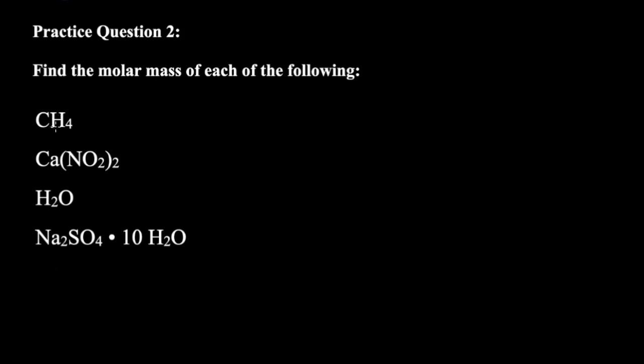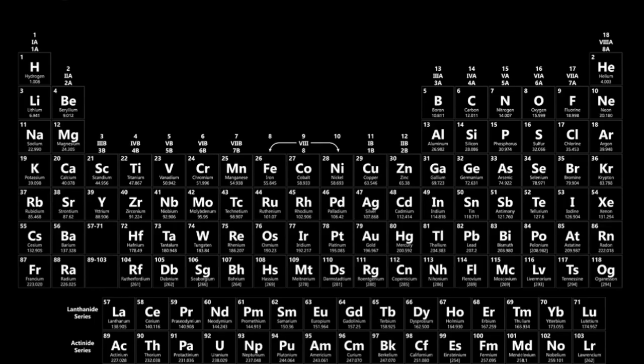So for example, we have CH4 here. We have C, and there's no number in front of that C, which means you're going to have 1 atom of carbon in there. So you want to do 1 carbon times the mass from the periodic table. If we look at carbon, it's right here, and that's going to be this 12 right there.